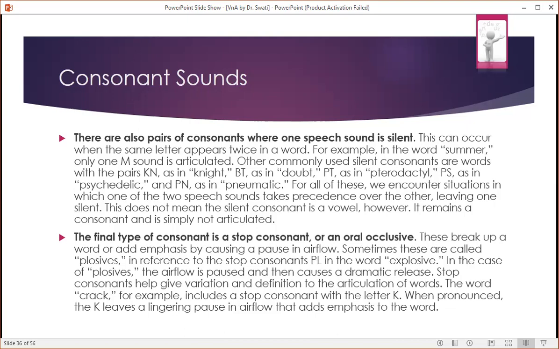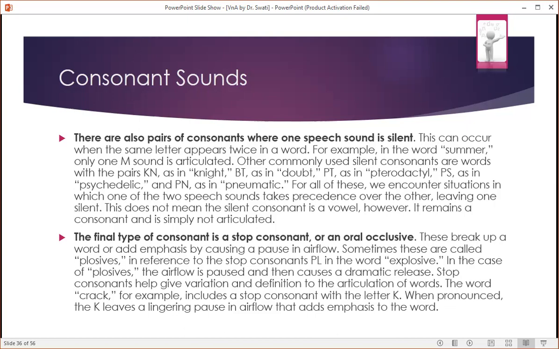The word crack. If you pronounce crack, it includes a stop consonant with the letter K. Okay, crack. When pronounced, the K leaves a lingering pause in airflow that adds emphasis to the word.